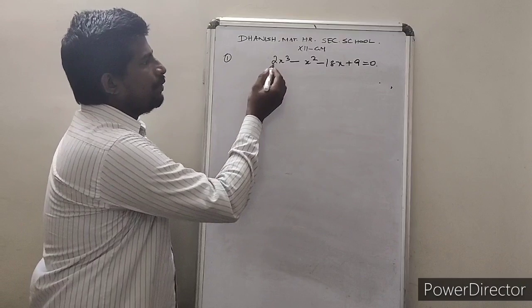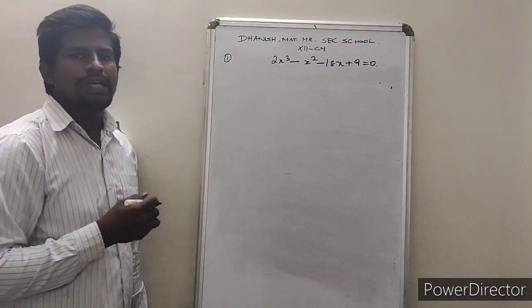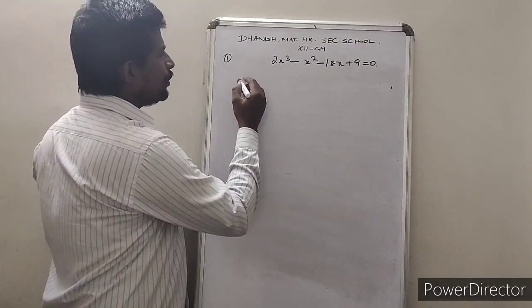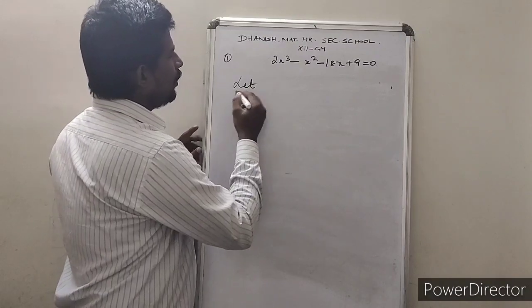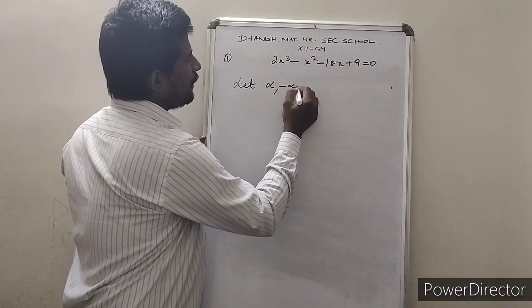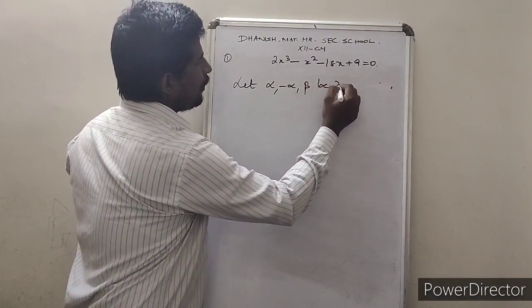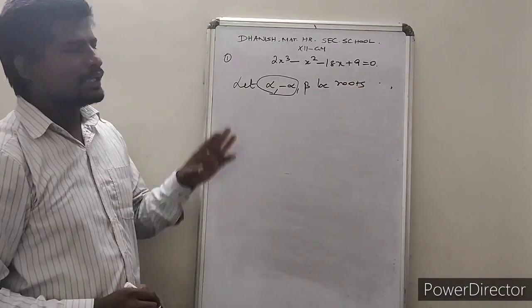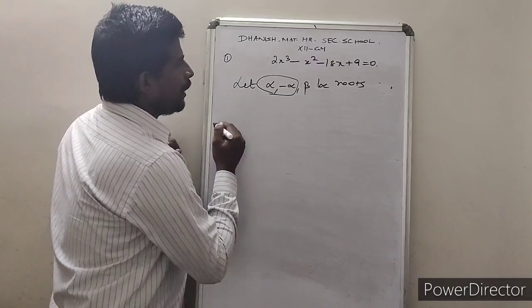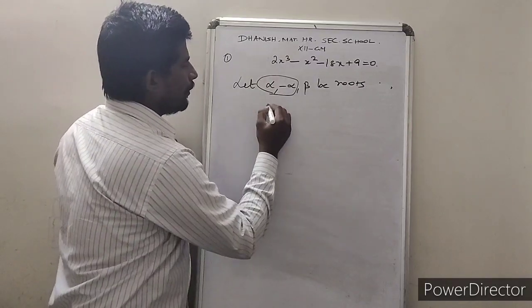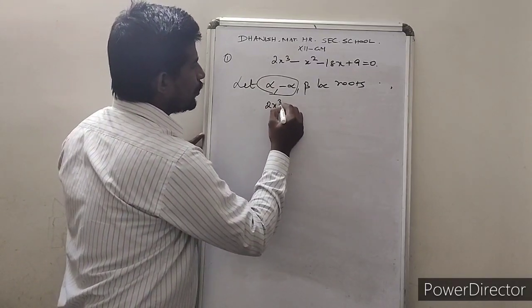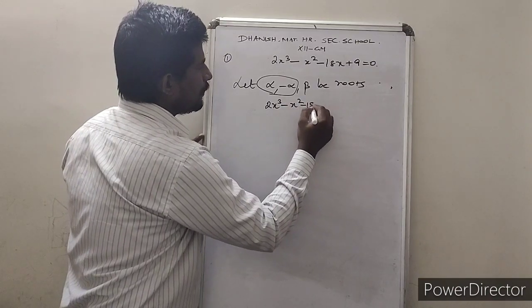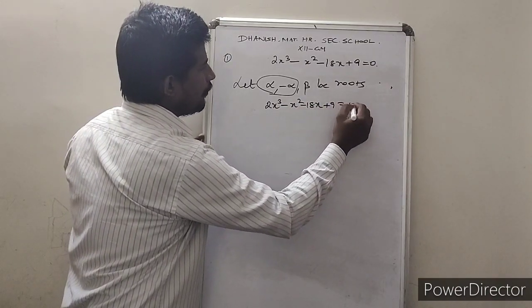As we know, for this cubic equation there will be 3 roots. Now, I am going to take the roots as alpha, minus alpha and beta. If you add these two, you will get 0. That's our given information. Now, I'm going to write the given equation 2x cube minus x square minus 18x plus 9 equal to 0.